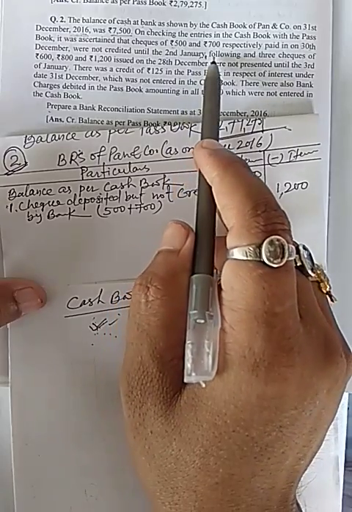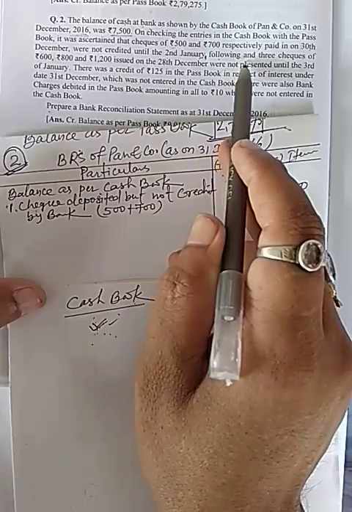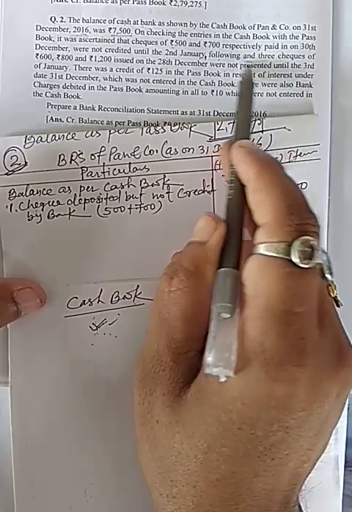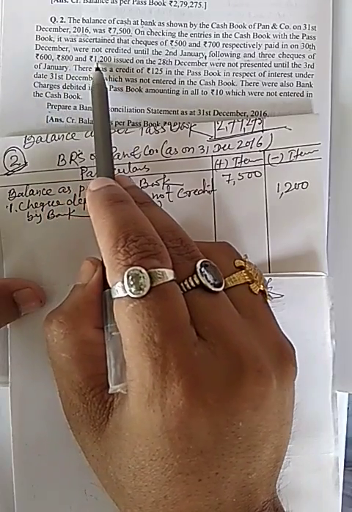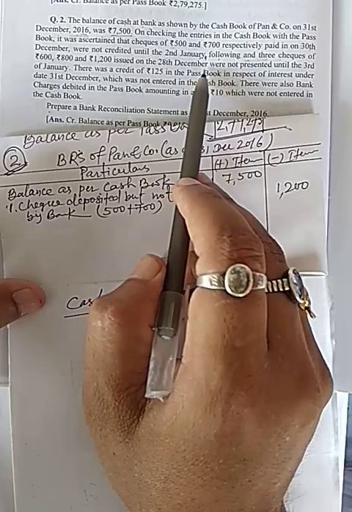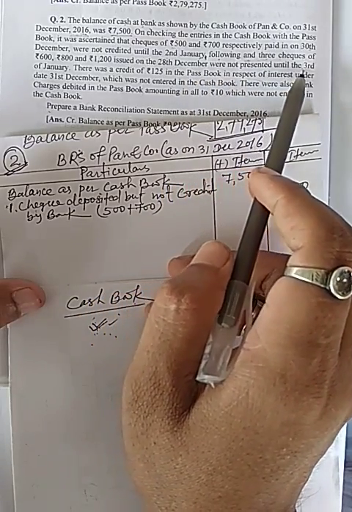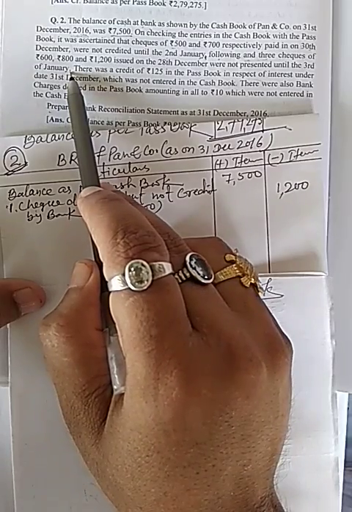Now the following 3 checks of 600, 800 and 1200 issued on 28th December were not presented until the 3rd January. So there is a problem.